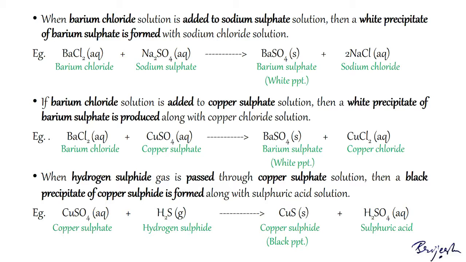Next example, when hydrogen sulfide gas is passed through copper sulphate solution, a black precipitate of copper sulfide is formed along with sulfuric acid solution. In this double displacement reaction, two compounds, copper sulfate and hydrogen sulfide, react by an exchange of ions to form two new compounds, copper sulfide and sulfuric acid.